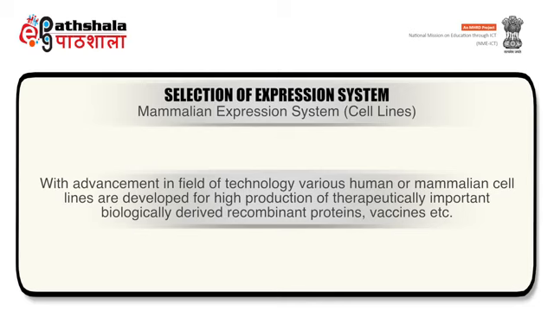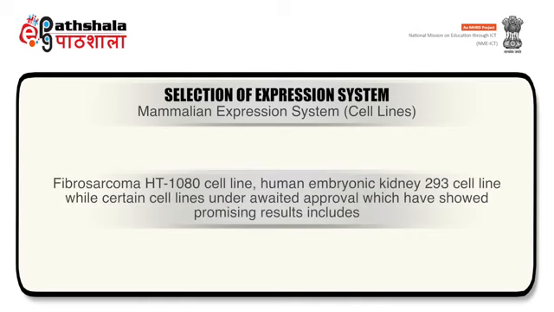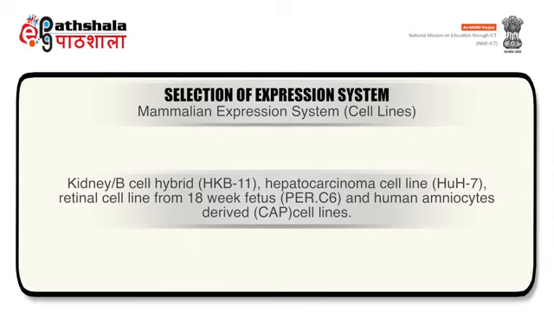With advancement in the field of technology, various human or mammalian cell lines are developed for high production of therapeutically important biological derived recombinant proteins, vaccines, etc. Some newly established cell lines include fibrosarcoma HT1080 cell line, human embryonic kidney 293 cell line, while certain cell lines under awaited approval which have shown promising results include kidney B cell hybrid, hepatocarcinoma cell line, retinal cell line from 18-week fetus and human amniocytes derived cell lines.